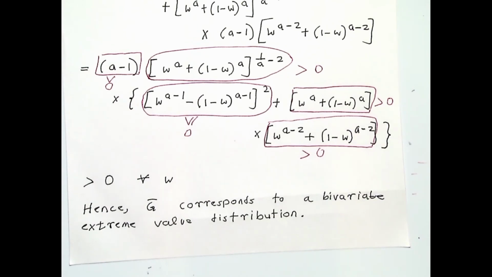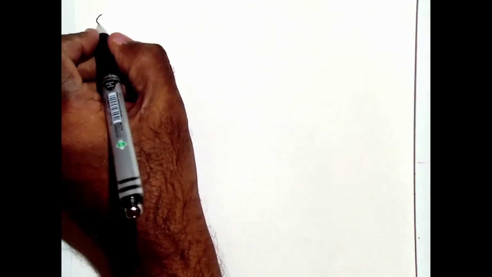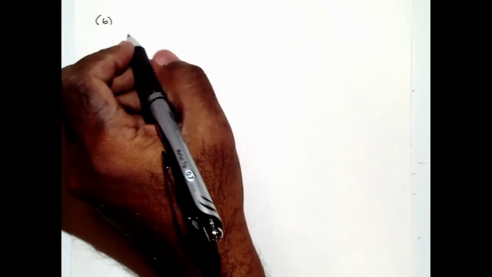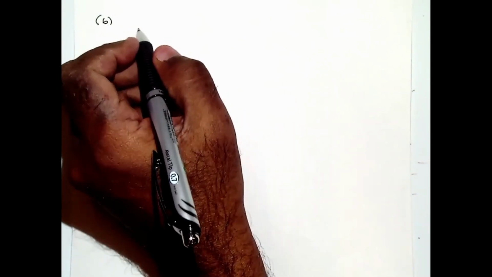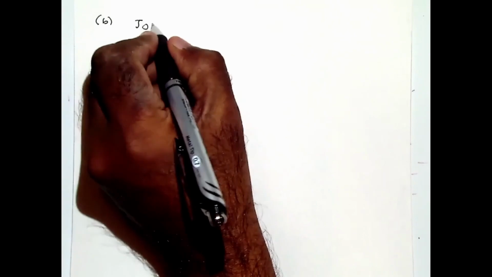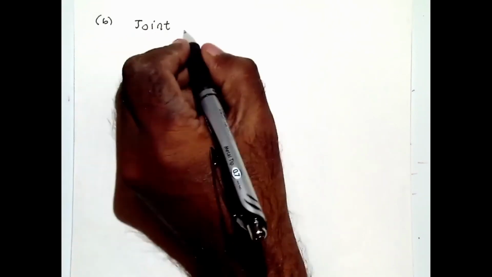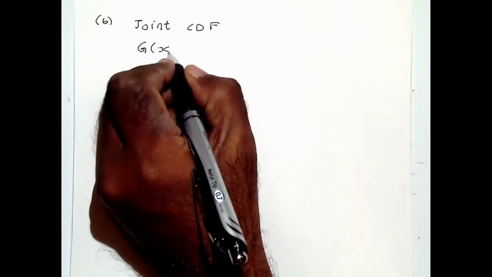The remaining parts I'm not going to work out, but I'm sure you know how to do them because I gave you the formulas, just like in the previous 2 parts. So for example, for part B, what you need to do is to find the joint CDF, which is G of x comma y.